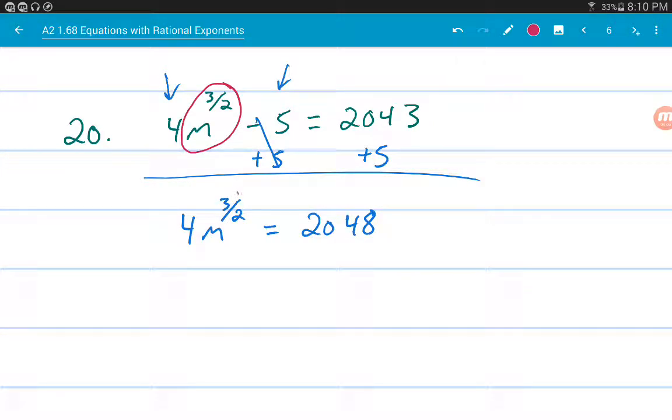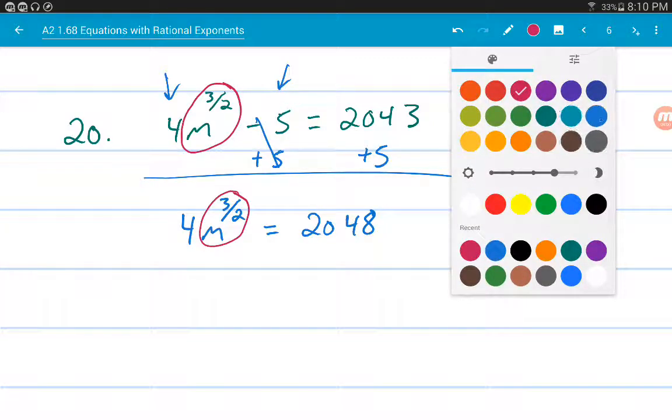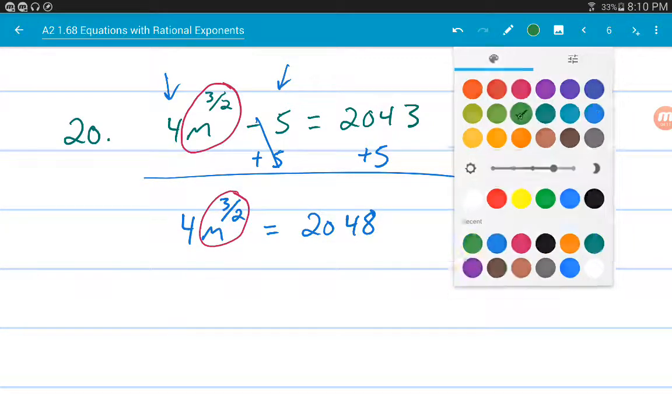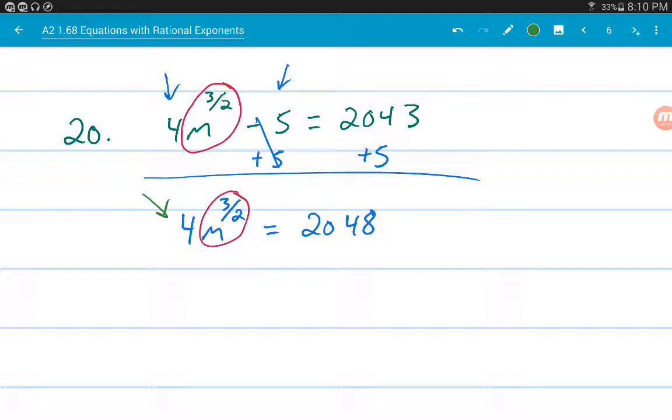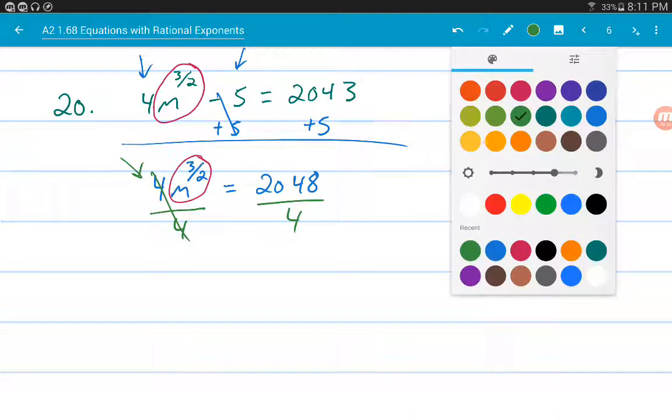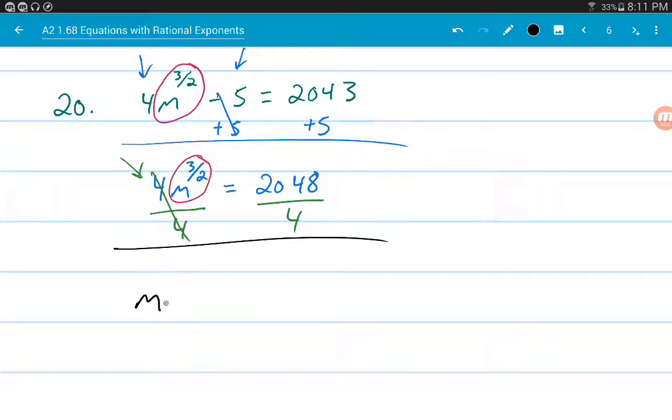Now remember, I still need to isolate this. It's not isolated yet, so I have to address the 4. How do I get rid of the 4? By dividing it off. I get that m to the 3/2 power is equal to 512.